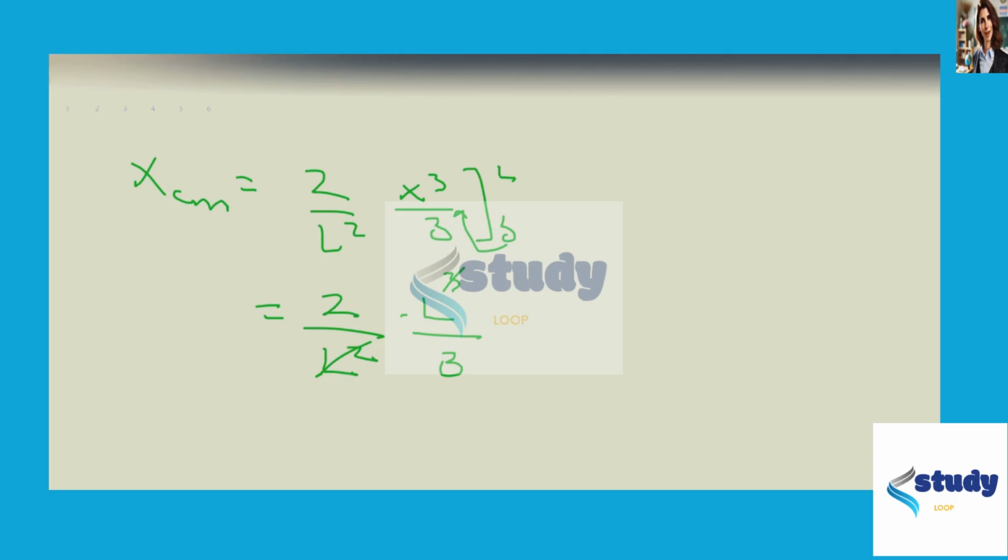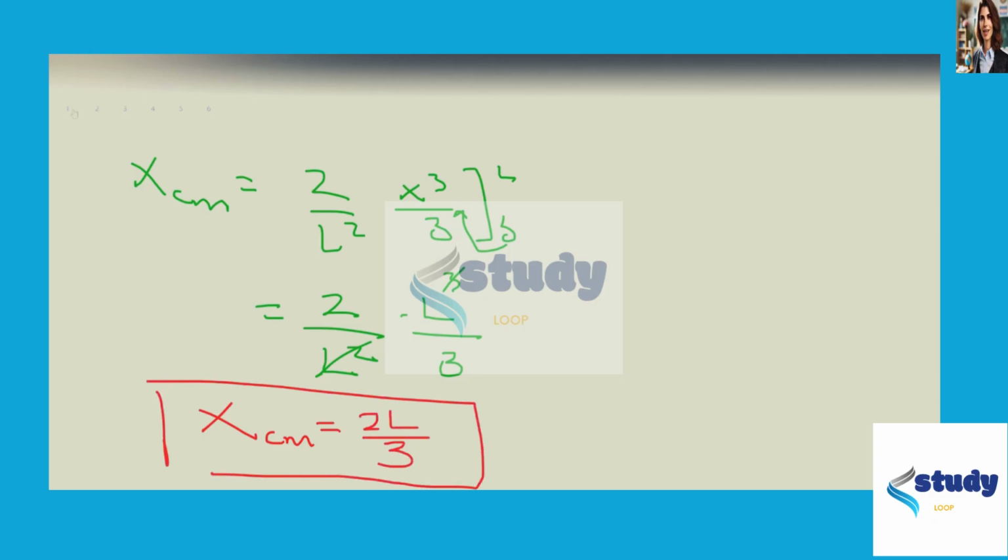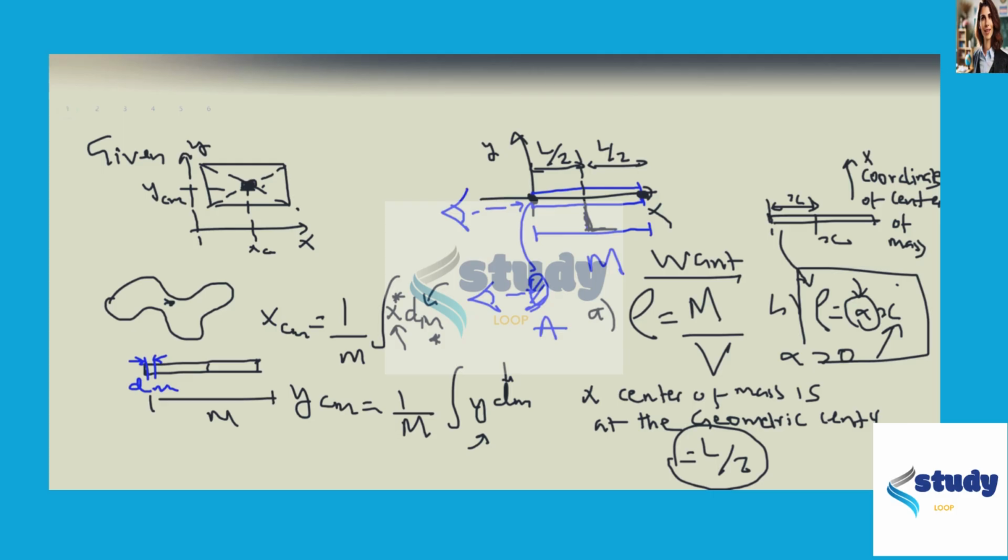So our final answer for the x coordinate of the center of mass in this case, given that relationship, becomes 2L over 3. Okay, 2L over 3. So, real quick, we get to see that we're given two formulas for the x and the y.